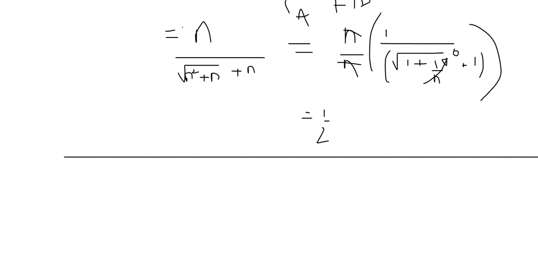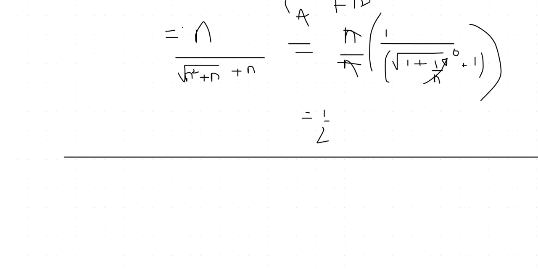Let's just assume, by contradiction, that S2 is greater than 2, which means that root of 2 plus root 2 is greater than 2.